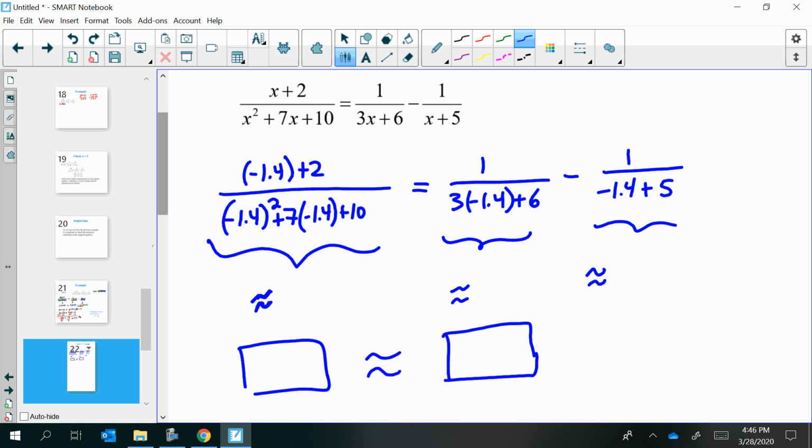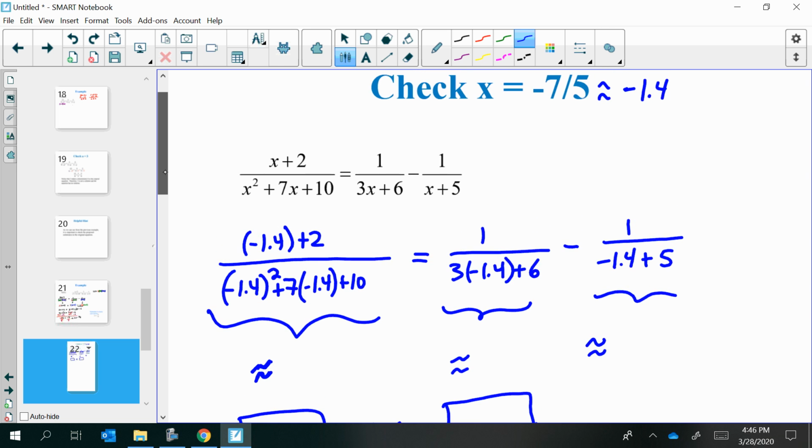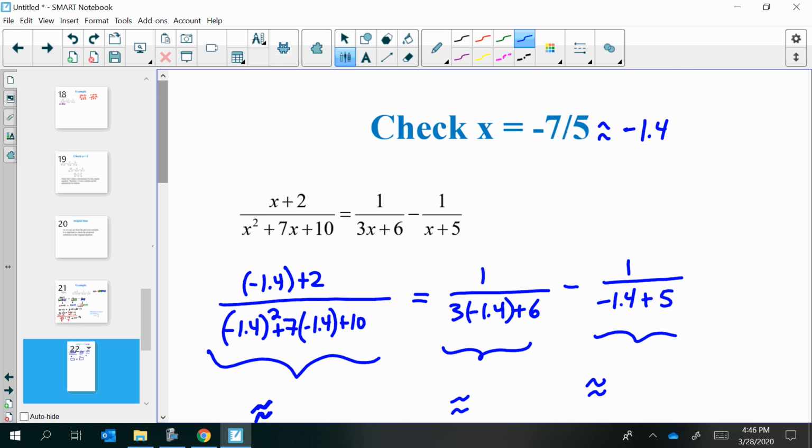Now, the other thing that we're concerned about is not only does it make the equation true, but does it make any of my denominators 0? Because I don't want 0 in any of my denominators. So remember, we worked out before how we can look at an equation even before solving it and determine any problematic x values so that we don't include them in our final solution by mistake.